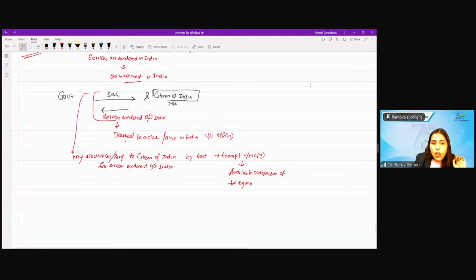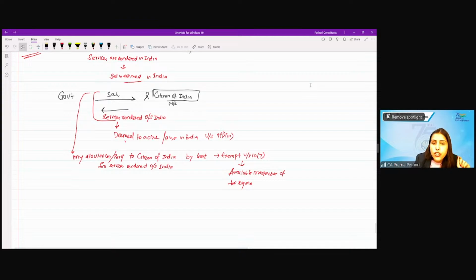Now there is one more point that I would like to highlight over here, which is again some sort of exemption to the employees. So before we go on to the next section, which is 913, understand that there are a few other exemptions that I would like to consider over here. Number one, the salary to a foreign employee.